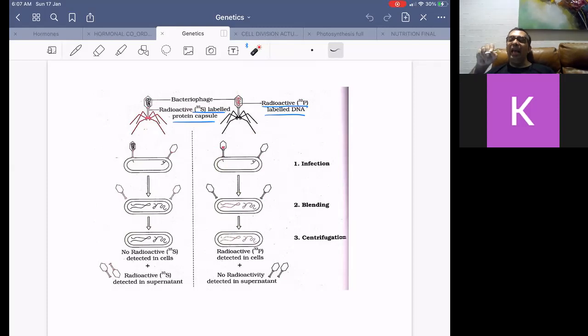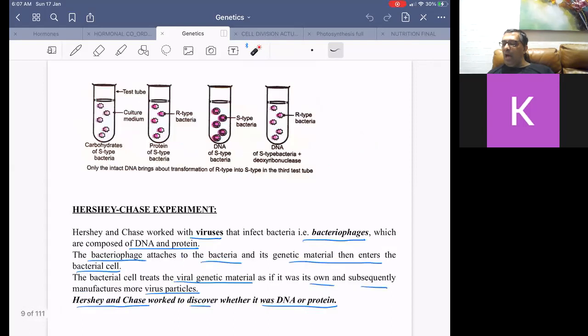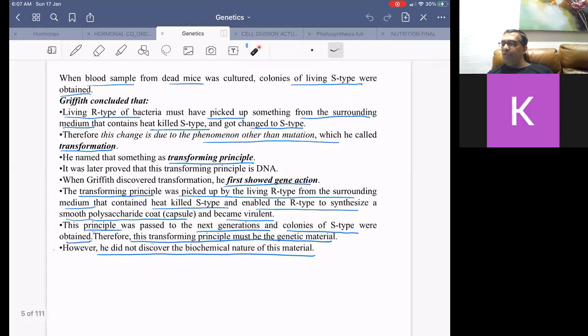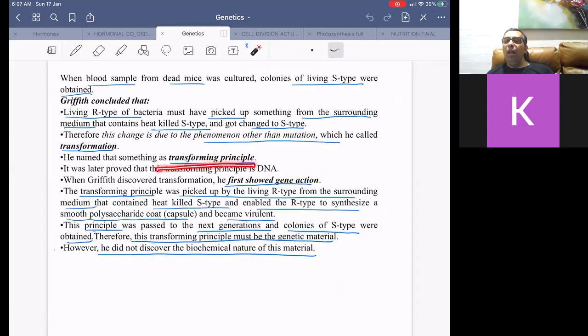And DNA is having genes and is seen inside the bacteria as P32, means segments of DNA are called as genes. So, three experiments done, which scientists gave the transforming principle? Transforming principle was given by Griffith.